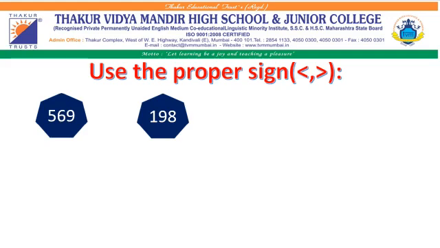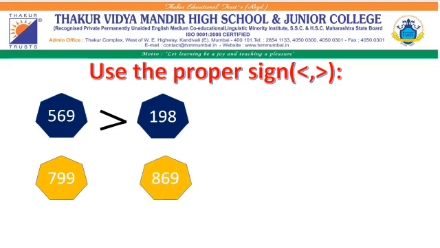So, the mouth of the crocodile will be open towards 569. The next example, 799 and 869. Here, the greater number is on the right hand side. So, the crocodile's mouth will be open towards 869.